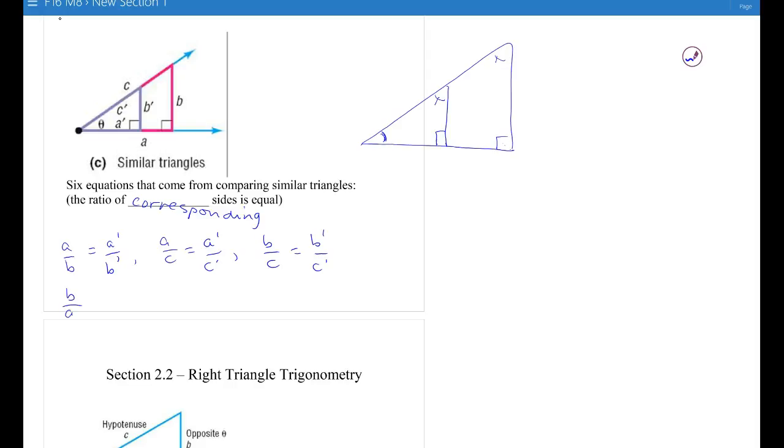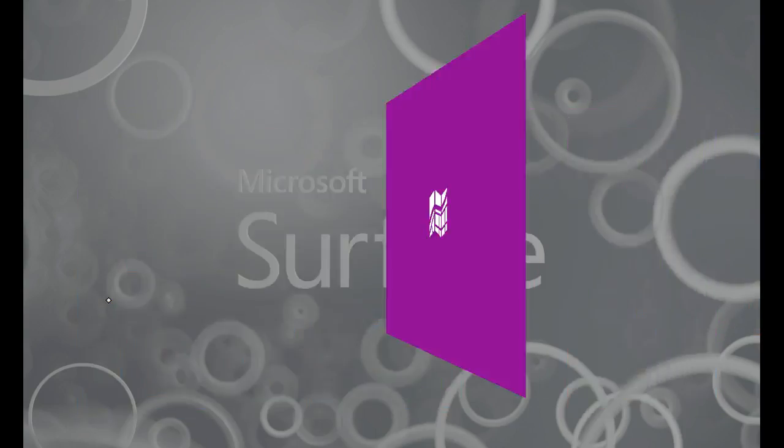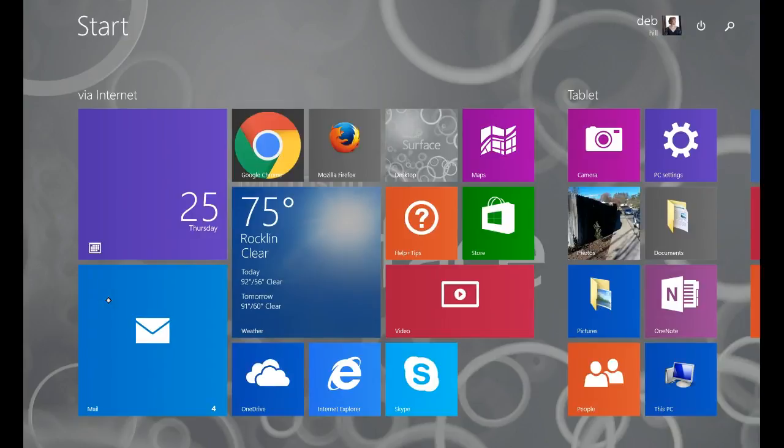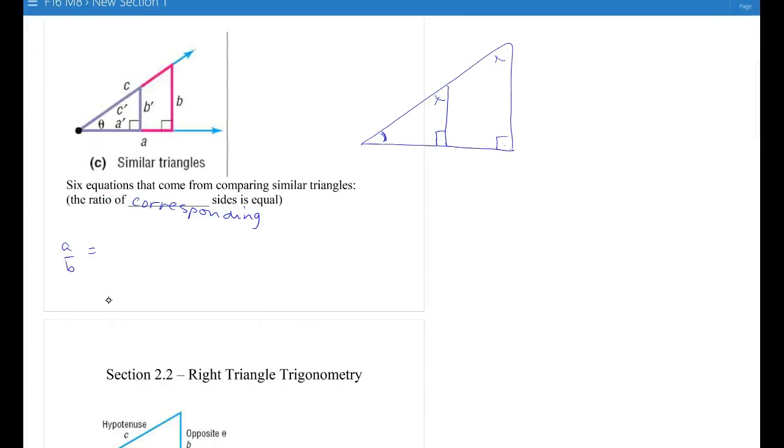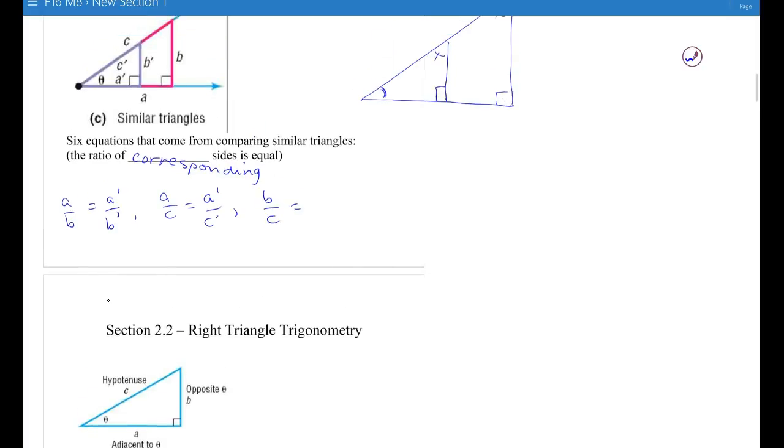Then we also have the reciprocals, and these all have names that we'll learn in a minute. So all of these ratios are equal. Hopefully you learned this in beginning algebra. That's where we teach it at Sierra College.